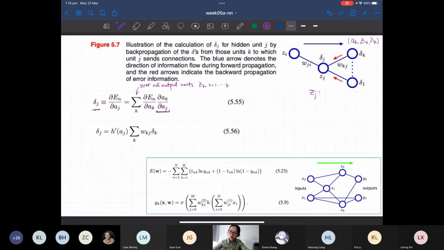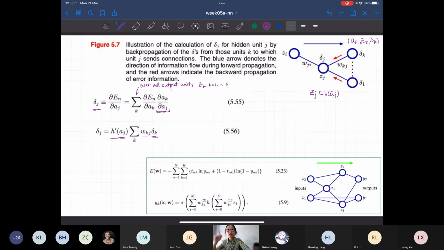Because Z of J is, let's say, H of AJ, then applying the chain rule, it's H prime, the derivative of H with respect to the activation at unit J, and again inside there's the linear term. Since we set delta as a symbol, we can just plug in the same symbol. And this applies to deeper networks, more than 2 layers.